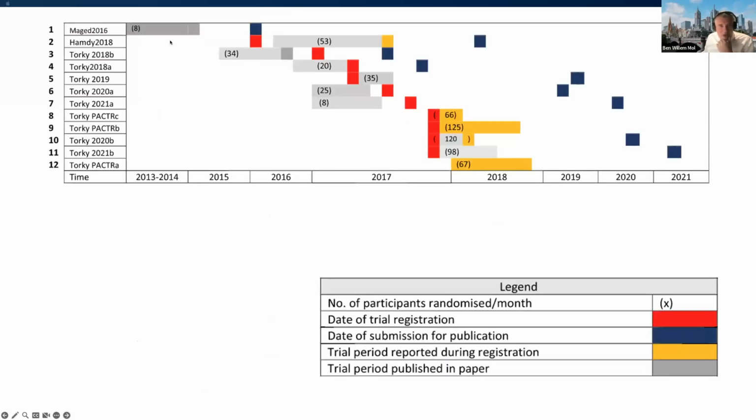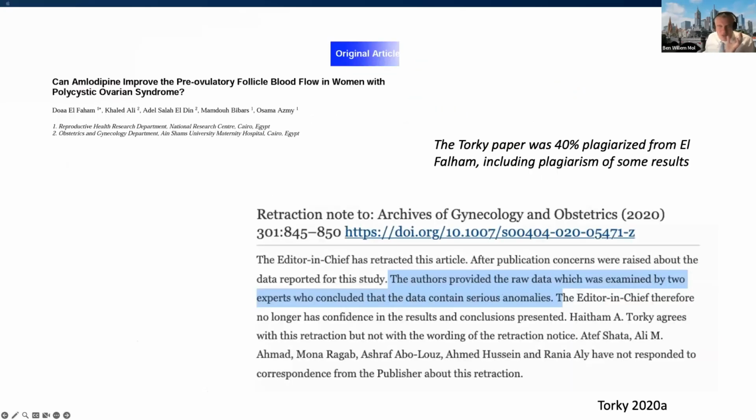So here are the RCTs that Dr. Torquay publishes. We always plot the moment of registration and the running of the trials and when the trials are submitted. So there was one case of clear plagiarism, and the paper was retracted.